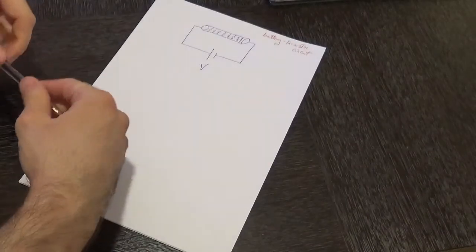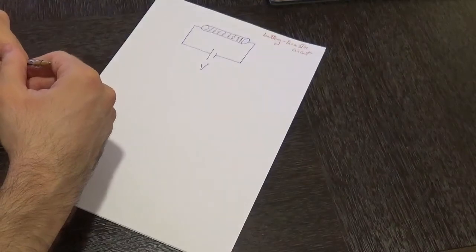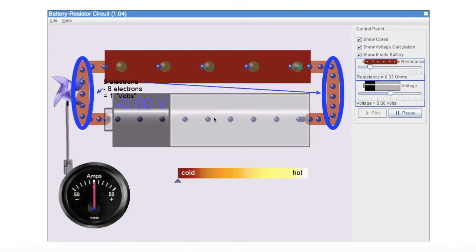Now what would happen if we turn on that power source? Let's move on to the following simulation. As we can see in that battery resistor circuit, if we look above at that conductor, which is basically a resistor, we can see that we have green spheres. These green spheres correspond to the atoms that make up the solid structure of that conductor.